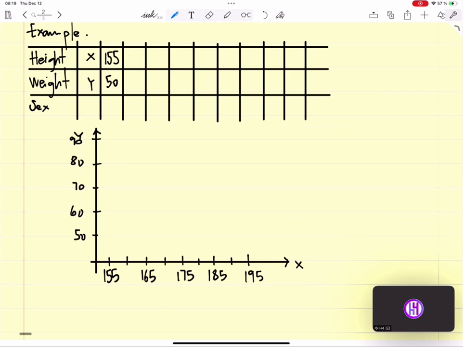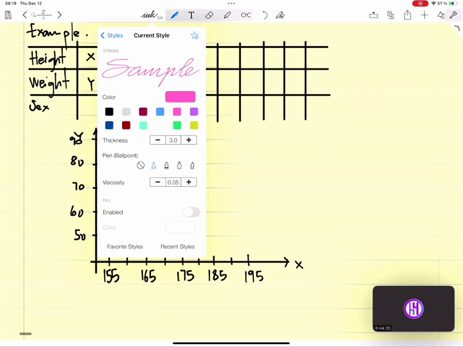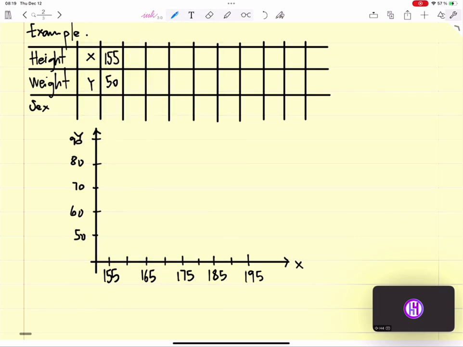Okay, so the first data set is somewhere here. Let me paint the points of the women. So this is a woman in pink. Okay, so the second data set is 160 and 60 kilos, so somewhere here.